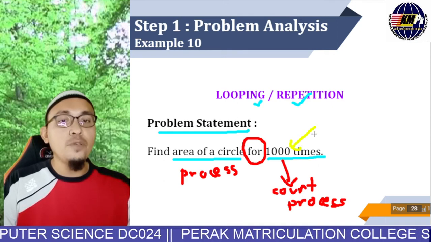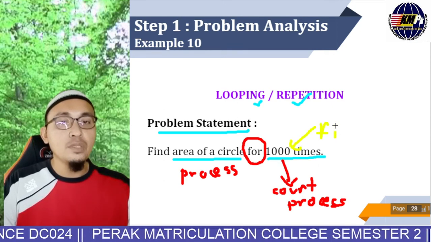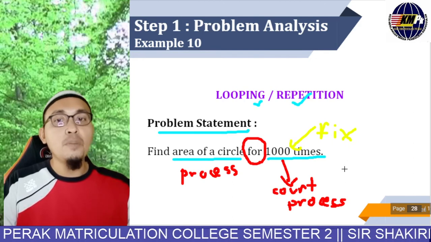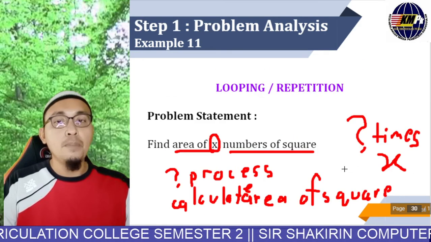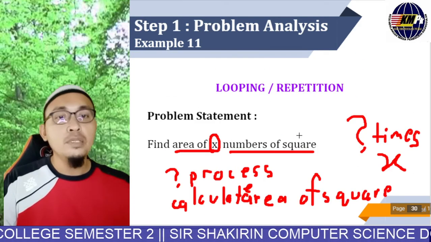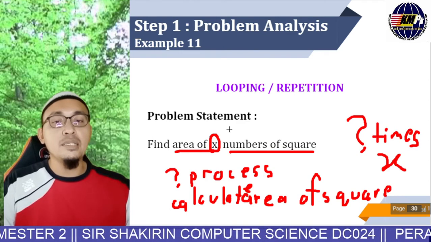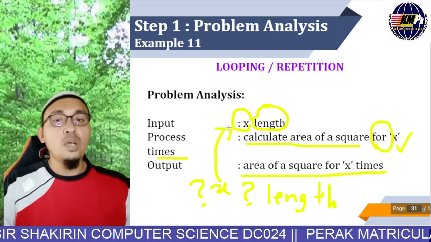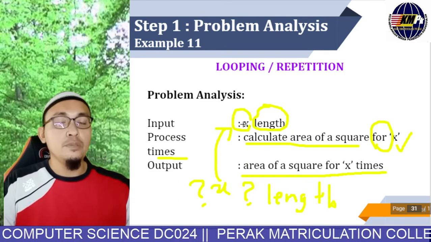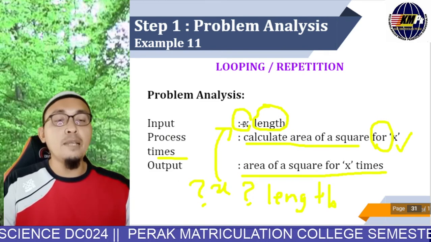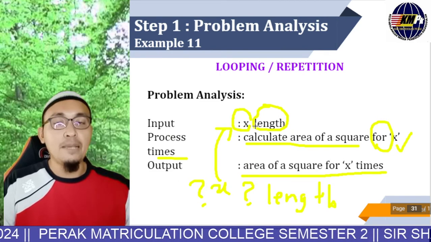This is a fixed count value because it's shown by the problem statement. But in this problem statement, the count process is x, unknown. That's why we need to input it to make sure the looping can be repeated for x times.